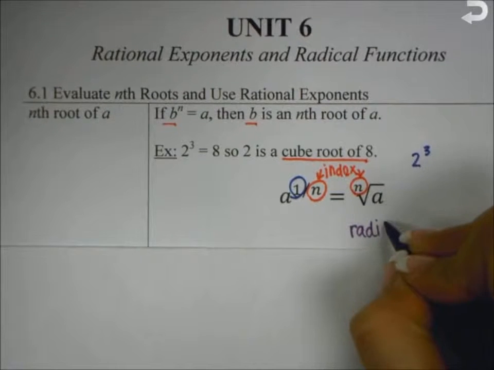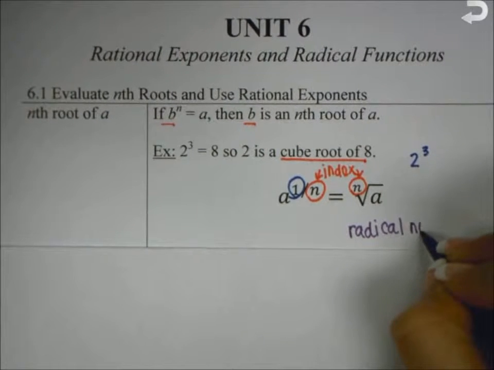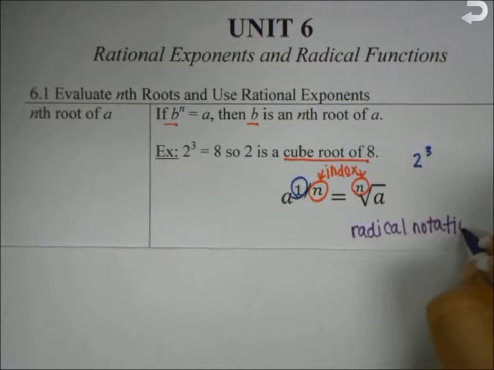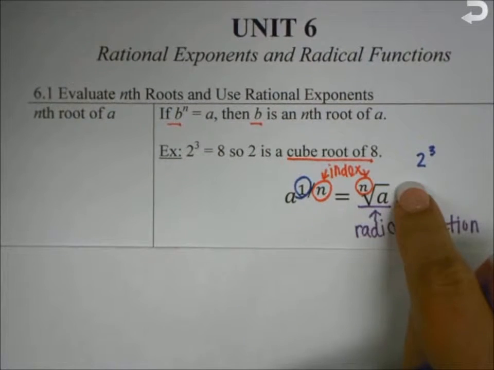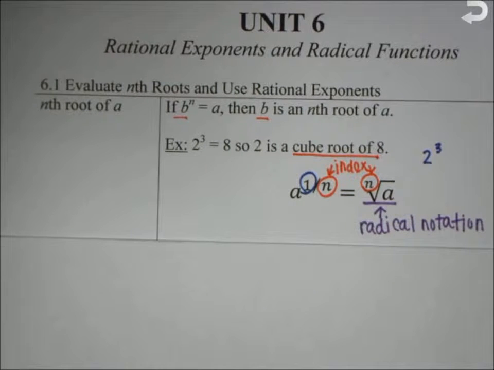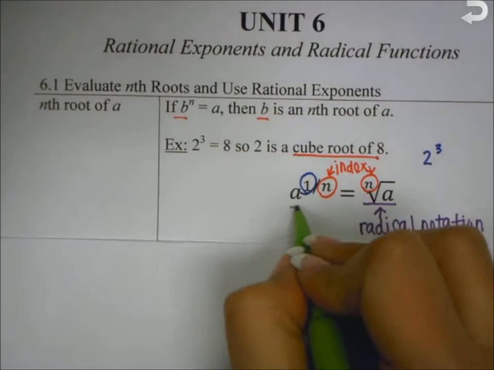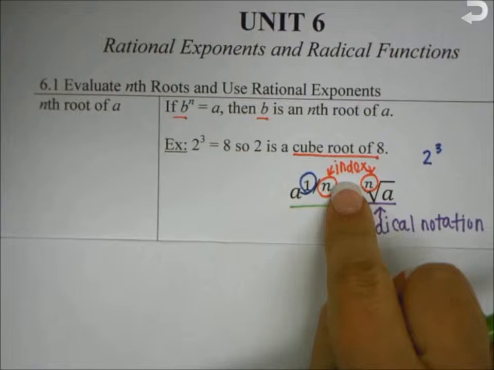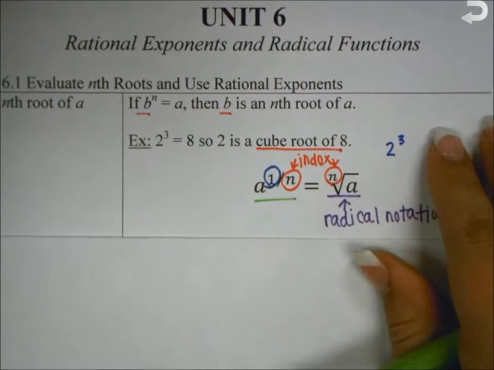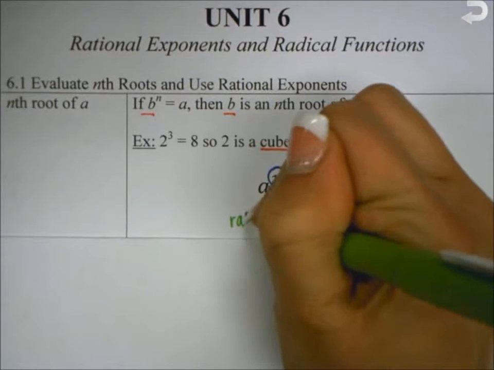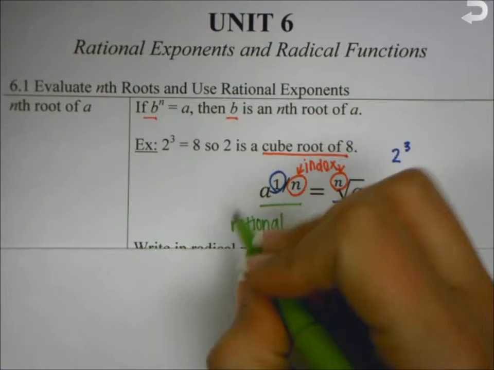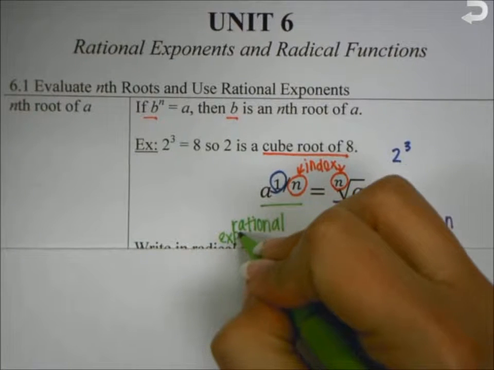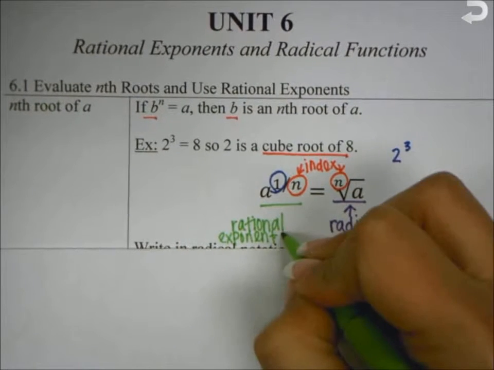And we call the notation that is raised to a power that is a fraction rational exponent notation. Today we're going to learn how to go back and forth.